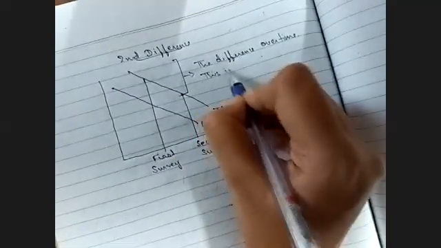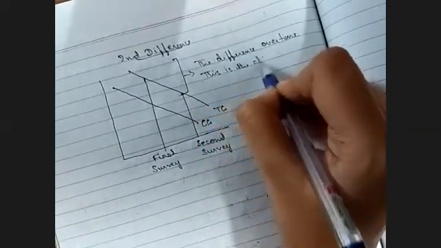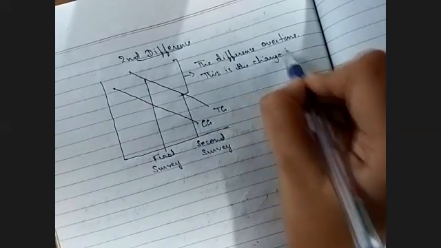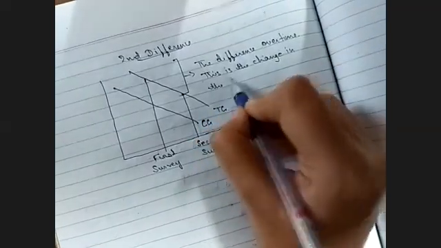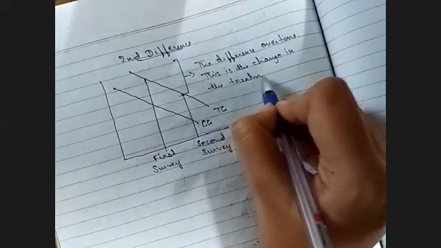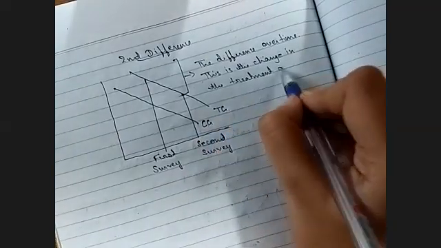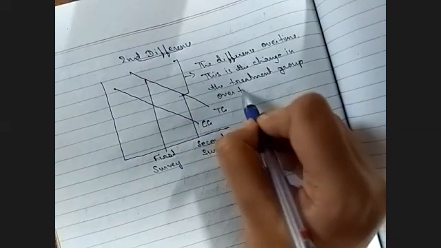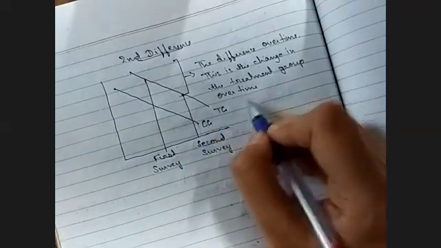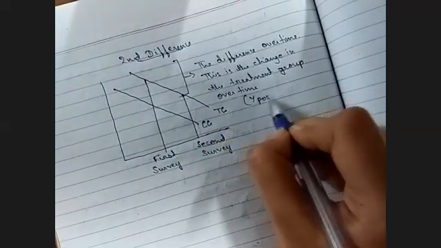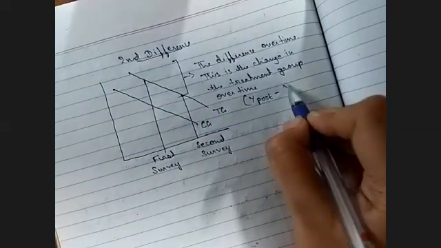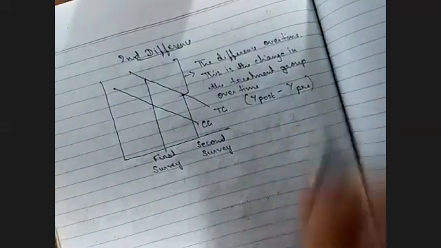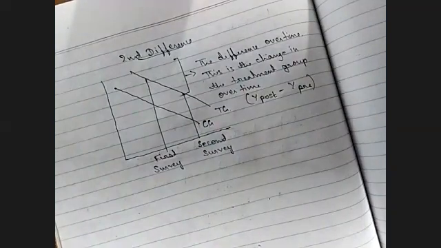This is the change in the treatment group, and control group. Over time means y post minus y pre. Y pre in treatment group.